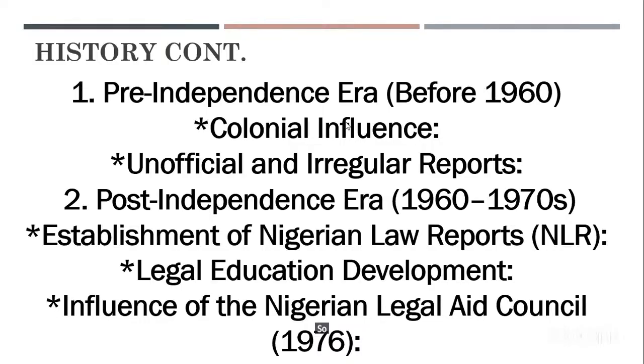So one of the early efforts was in what we call the unofficial and irregular reports. So we know that some early court decisions were reported informally by colonial administrators or legal officers, but there was no standardized or systematic method for publishing judicial decisions from Nigeria.